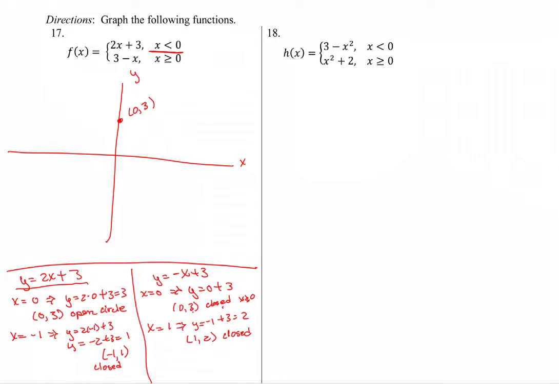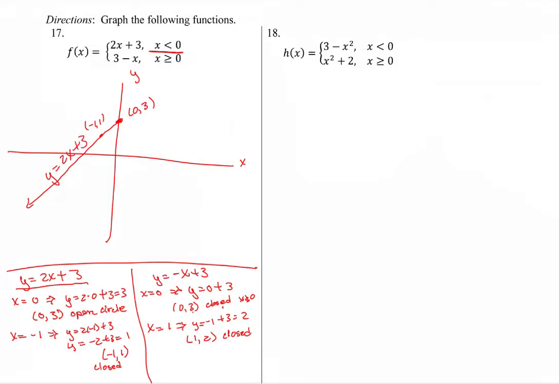So it's going to be an actual closed circle. Then we have the point (-1, 1), and it's closed. So this is (-1, 1). And so then we have the line going down like this. And this is the line y equals 2x plus 3.